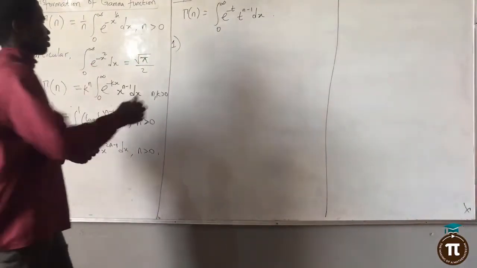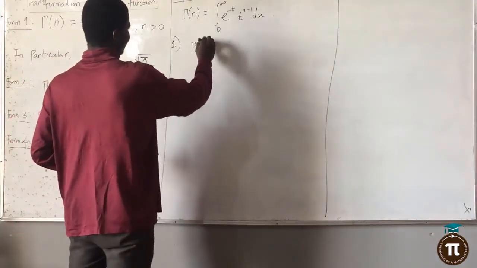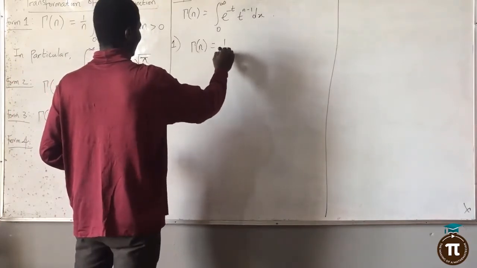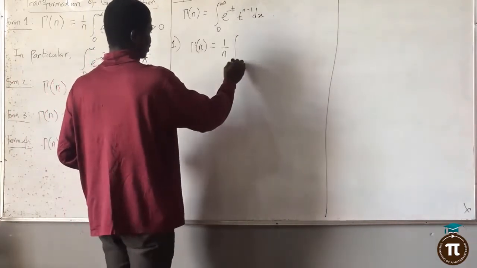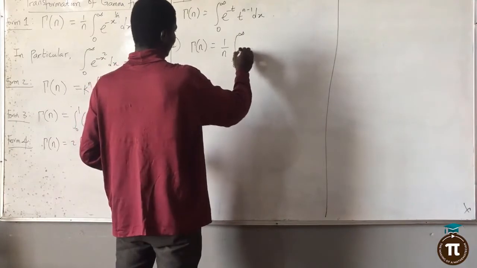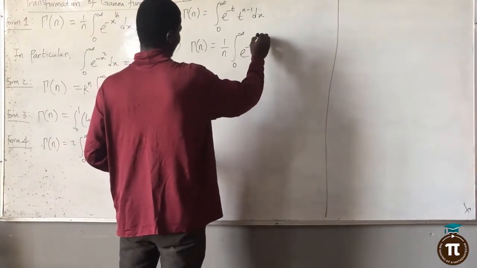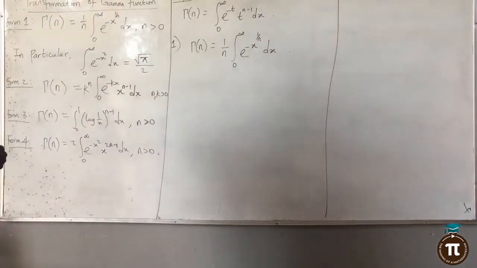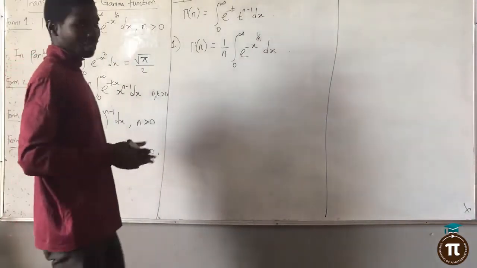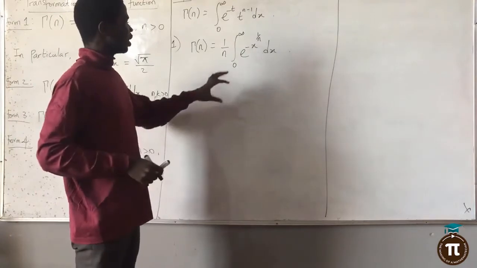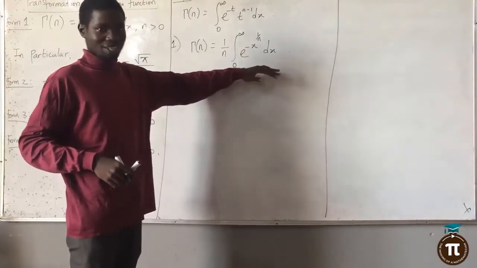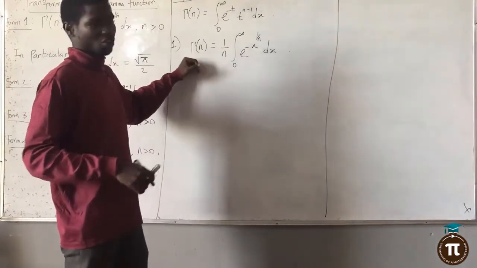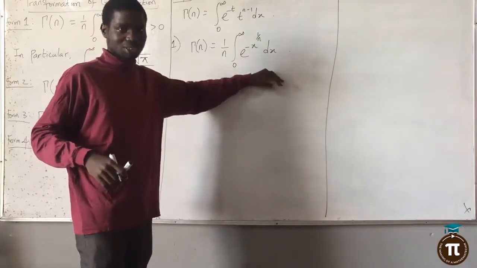We want to prove that the gamma function of n is equal to 1 over n integral from 0 to infinity of e raised to power minus s raised to power 1 over n ds. The first thing I'm going to do here is, I can start from the right hand side and prove this, or I start from the left hand side and prove this.